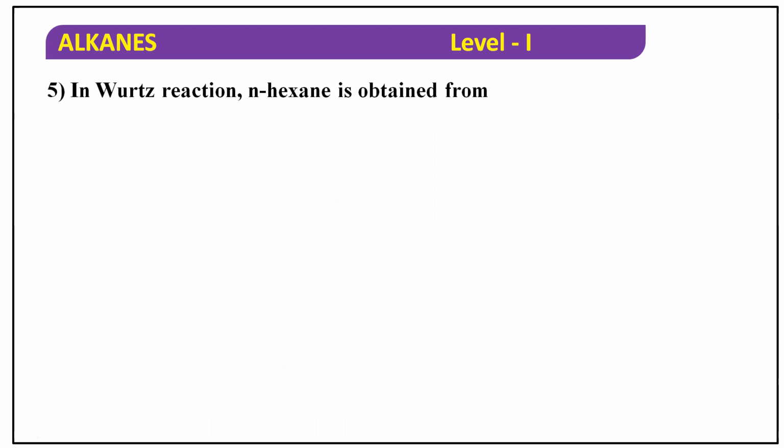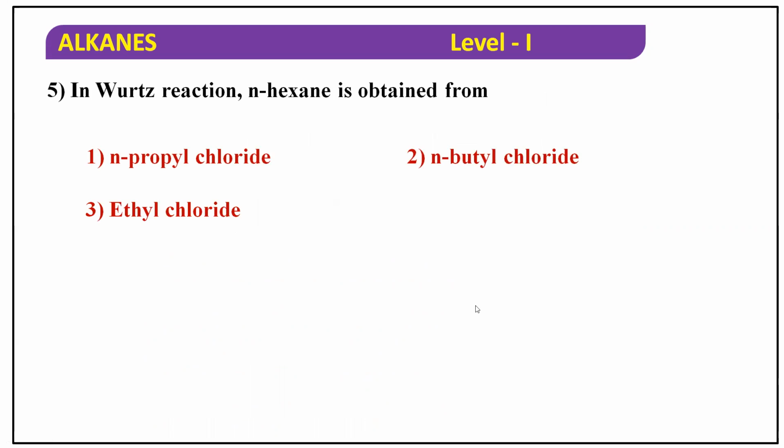Okay, in the Wurtz reaction, normal hexane is obtained by, we discussed already, what happens to the carbon chain in the Wurtz reaction? It is multiplied by 2, or both chains will be connected together. Right? Normal hexane, 6 carbons we need. What should we take? They are asking. Very easy question. 6 carbons we need, hexane.